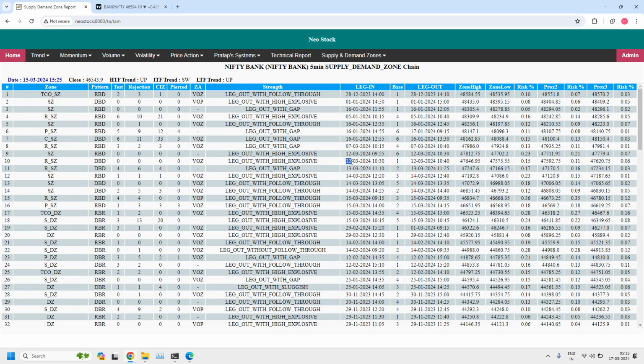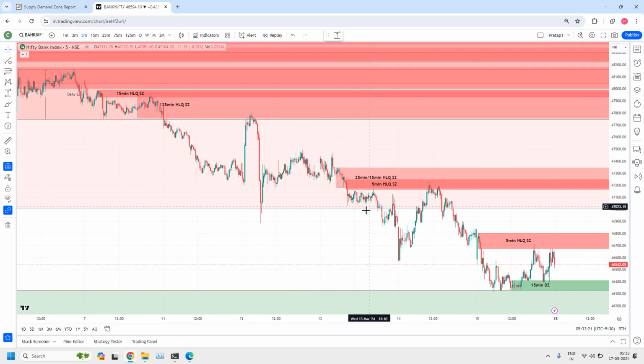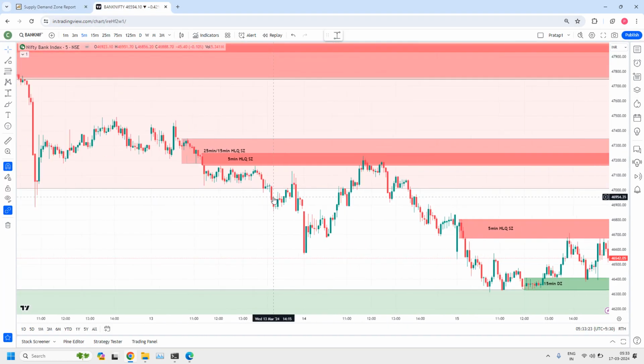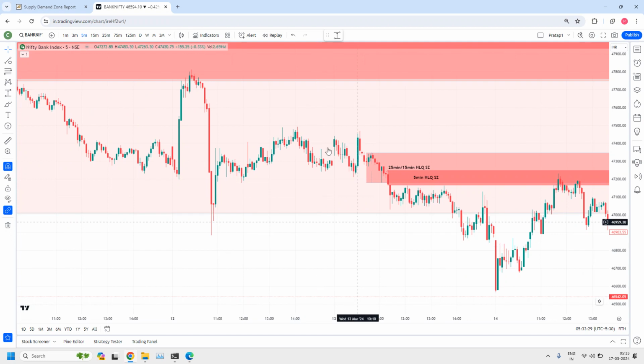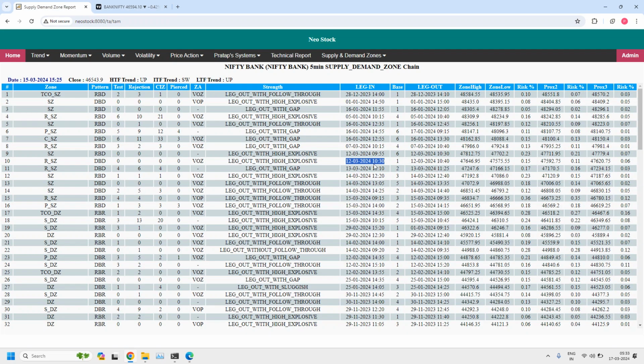It is on 12th March, 10:30 candle, one base candle. So where is 12th March? Just above this. This is the 12th March 10:30. Is it 10:30?